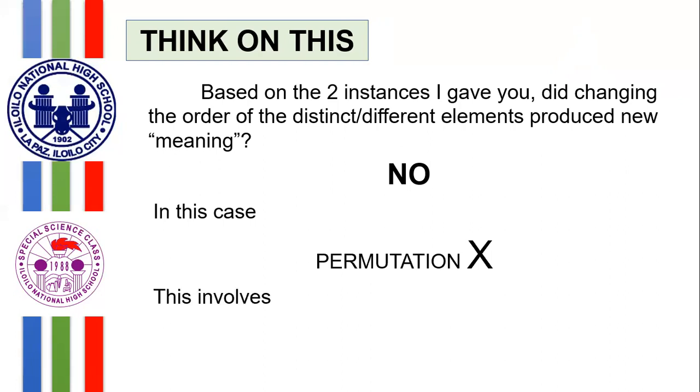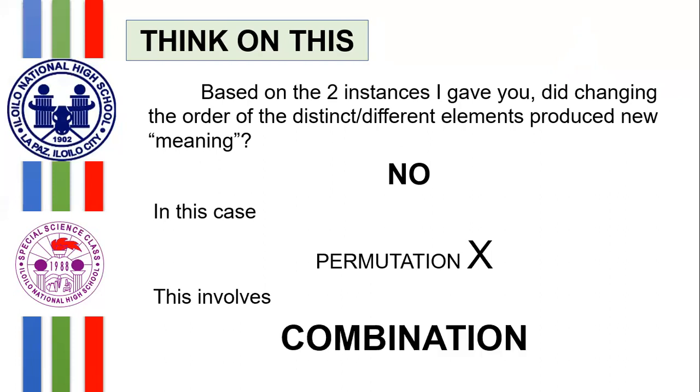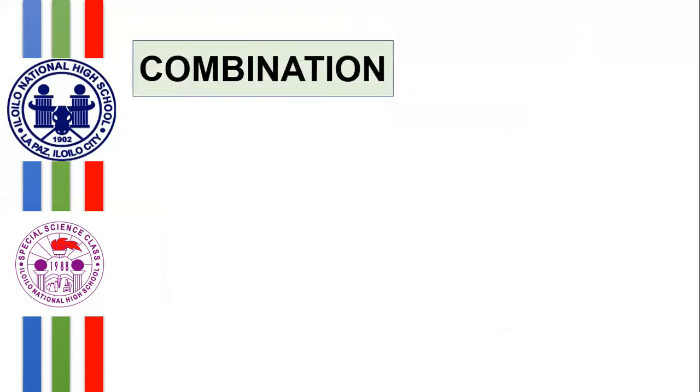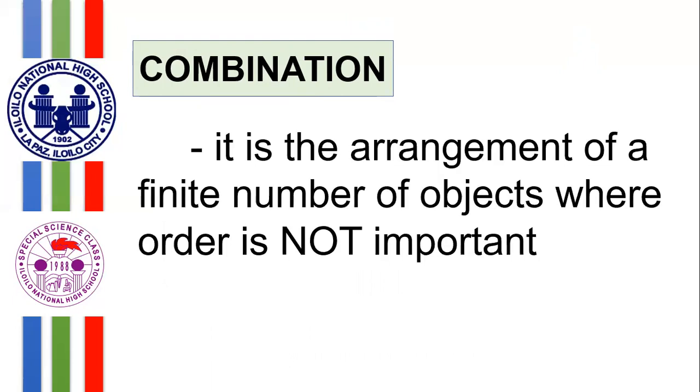And this one involves another concept, which we call combination. Based on the 2 instances I gave you, what do you think is the definition of combination? Speaking about combination, it is the arrangement of a finite number of objects where order is not important.